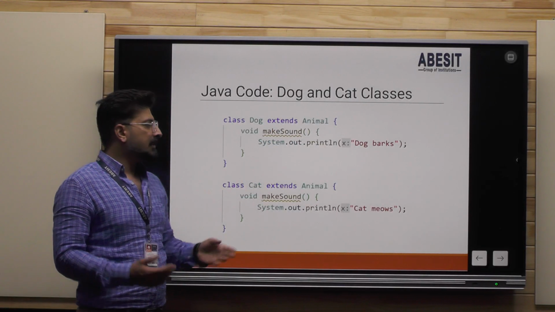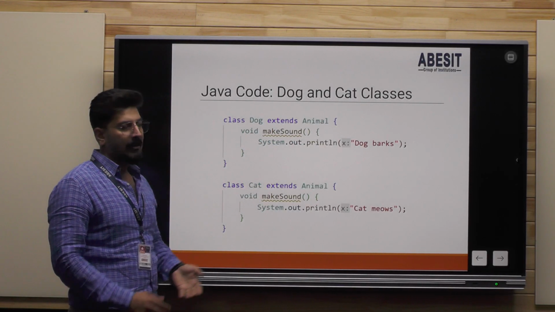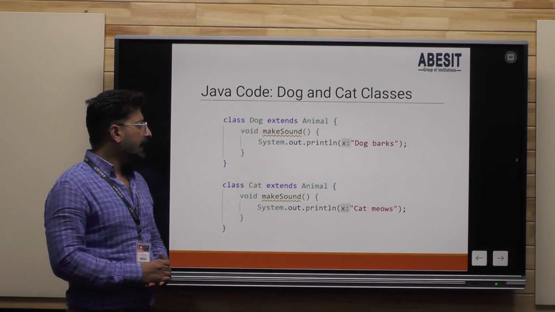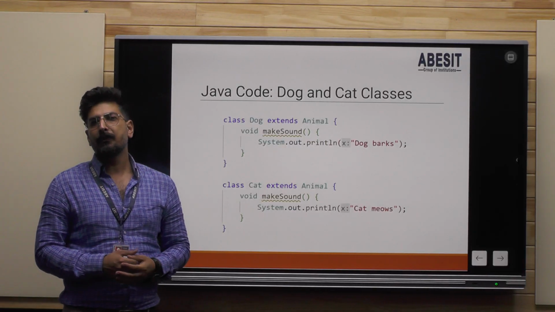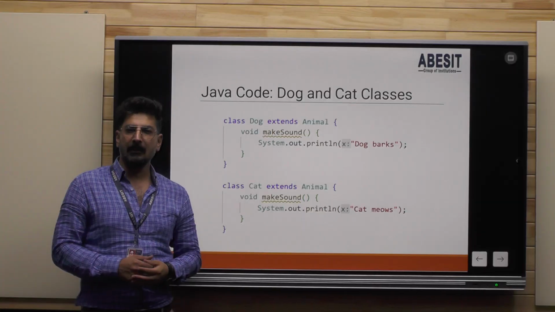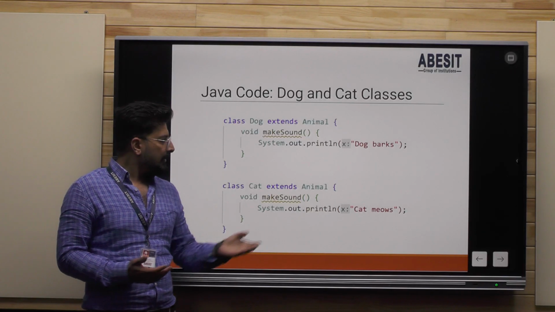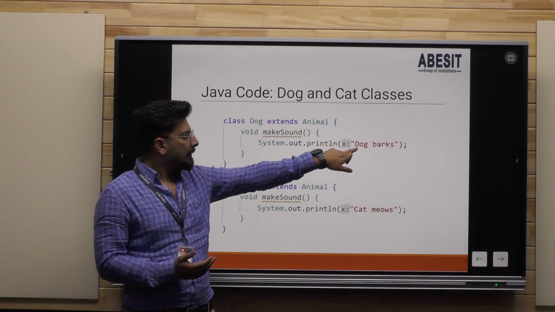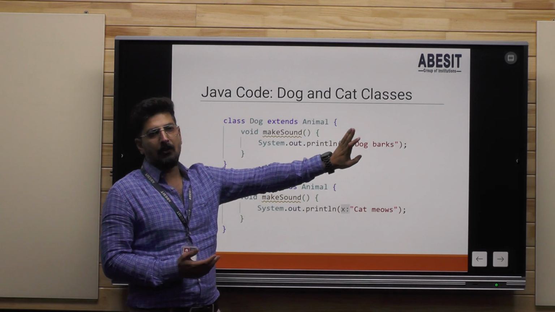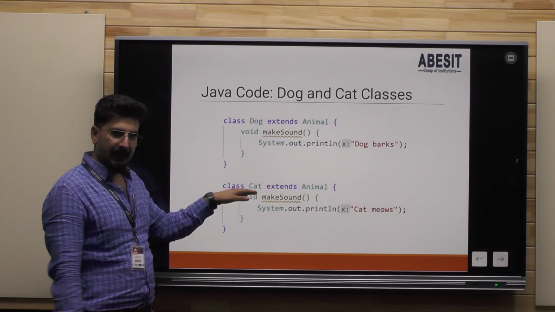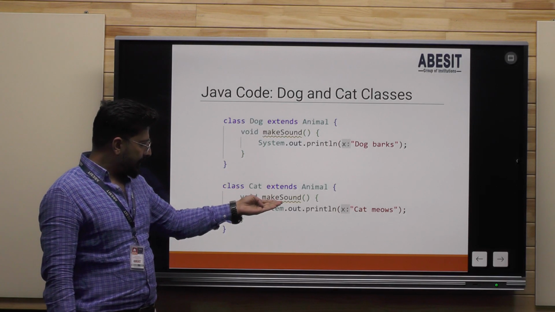In different classes, Dog and Cat are different subclasses of the Animal class. We are changing the definition of makeSound. Here in class Dog, we have the makeSound method with a different definition, and the output will be "Dog barks". In the second class, Cat, we have a different definition of makeSound.